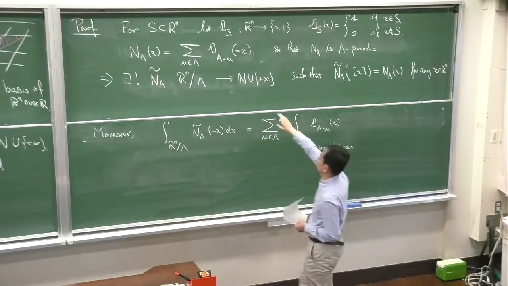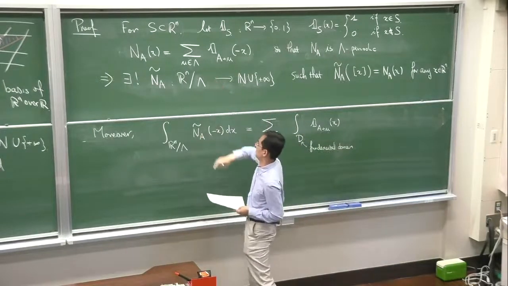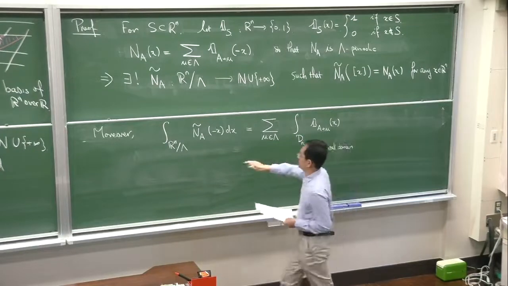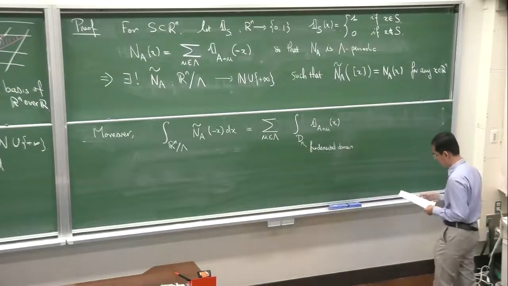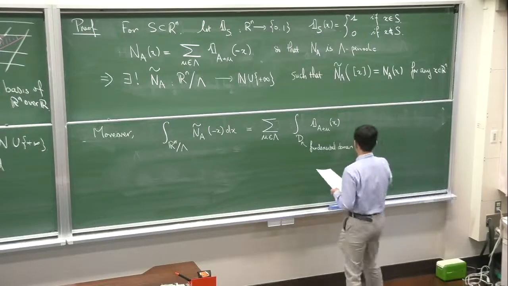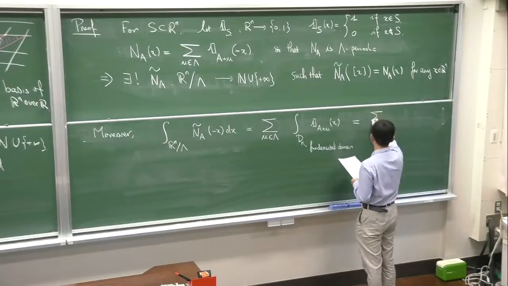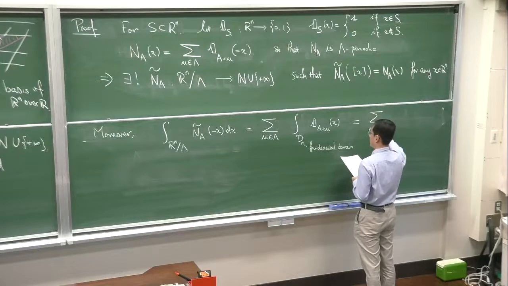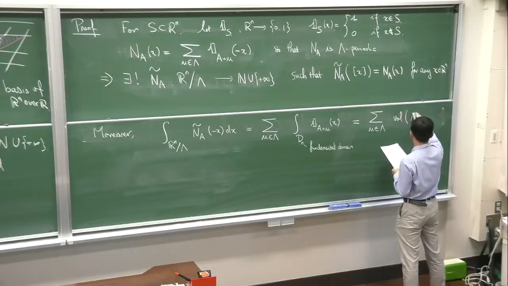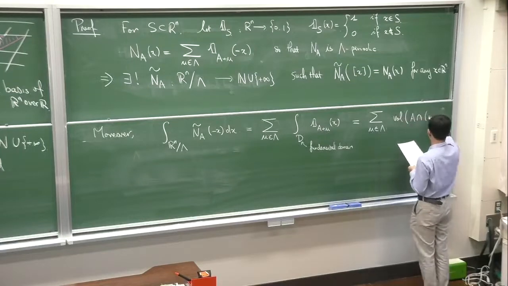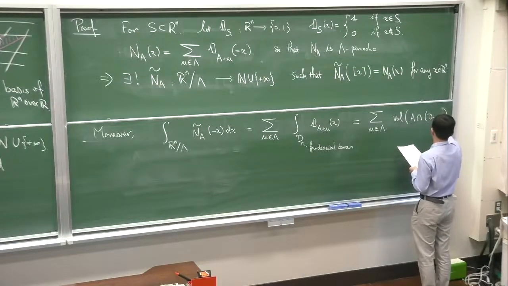Instead of integrating over the quotient space, I integrate over some fundamental domain D, and you put the expression of N_A here. Then you will find that this is just the sum over u in Lambda of the volume of A intersection with (D - u).